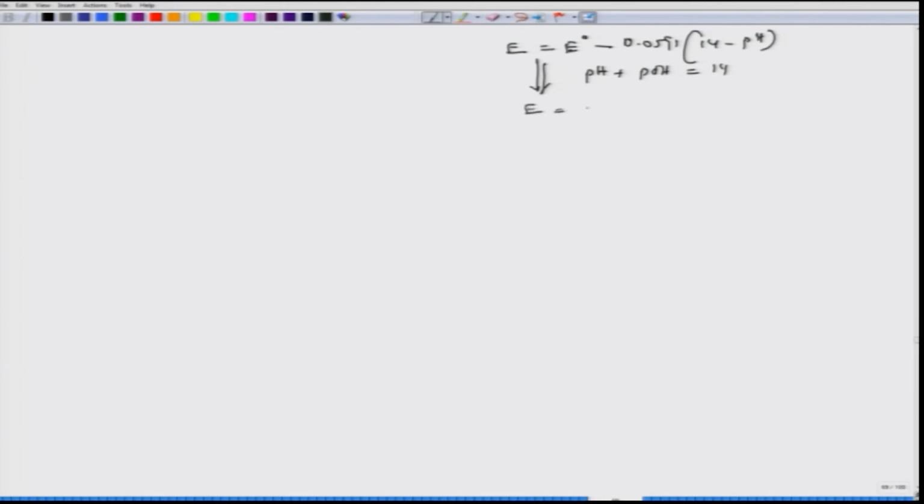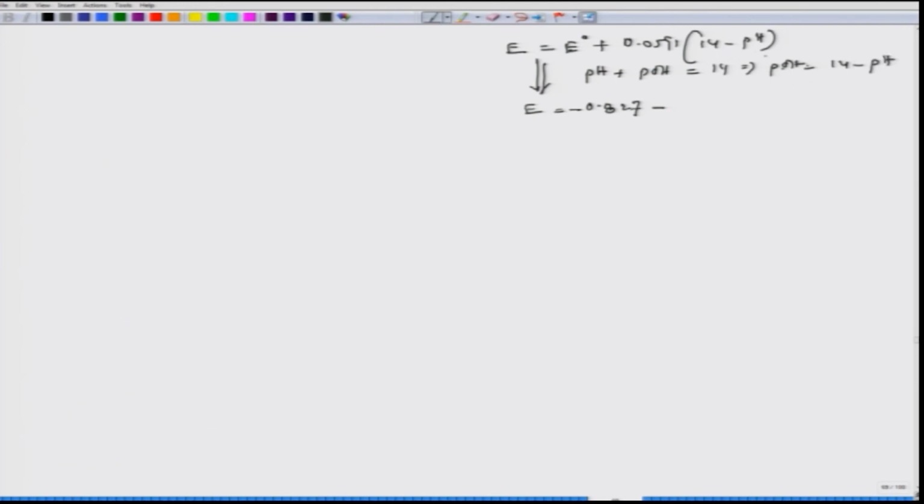So, E equal to minus 0.827, and sorry, this was plus, this should be plus because plus 0.0591 pOH. So, pOH equal to 14 minus pH.